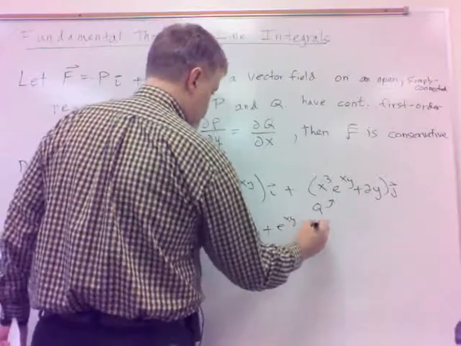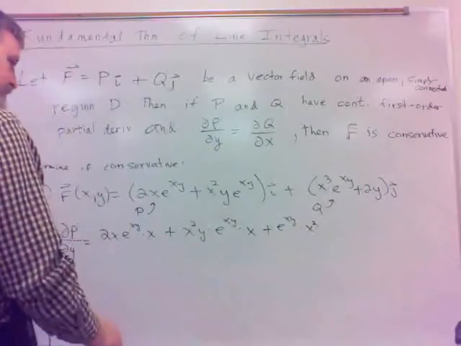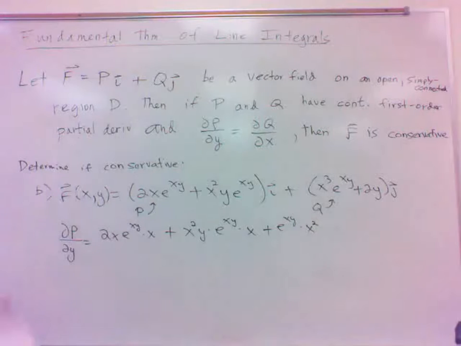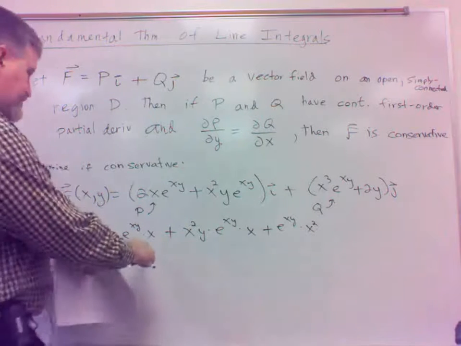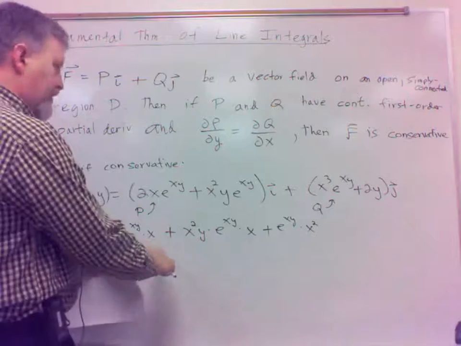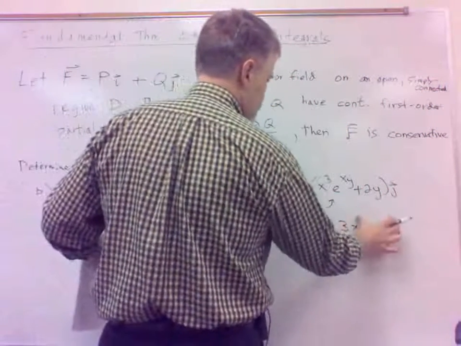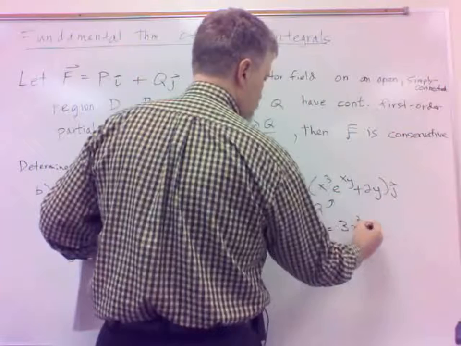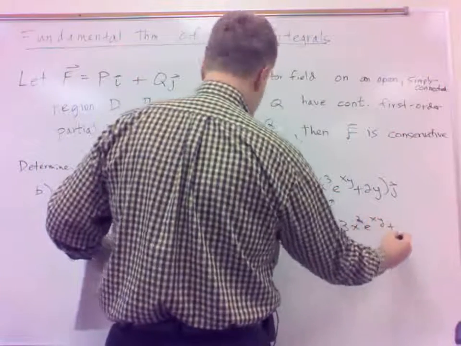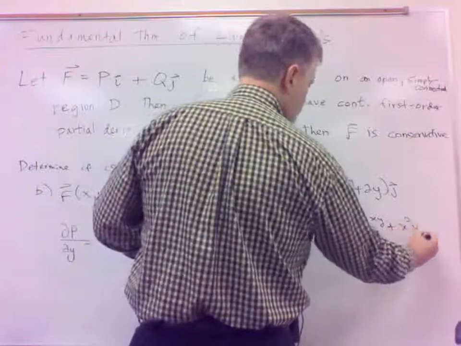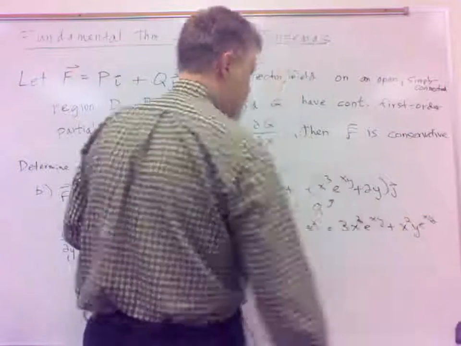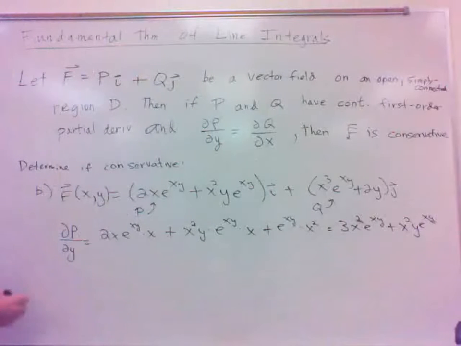If we clean that up, this is 2x squared e to the xy, and that's 1 x squared, so we've got 3x squared e to the xy plus x cubed y e to the xy. That's our partial of P with respect to y.